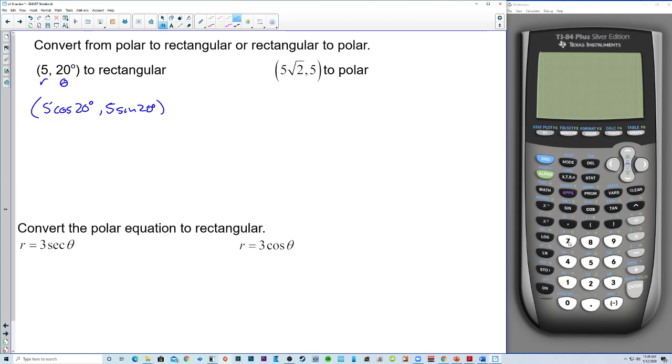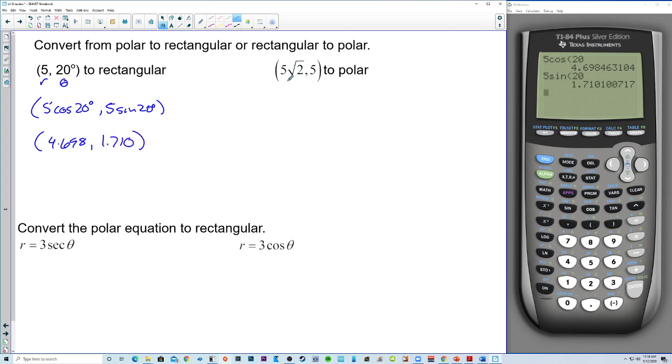Otherwise, we just use decimals. All right, I need to be in degrees. Got that. So 5 cosine of 20 degrees and 5 sine of 20 degrees. And so the answer here is 4.698 and 1.710.